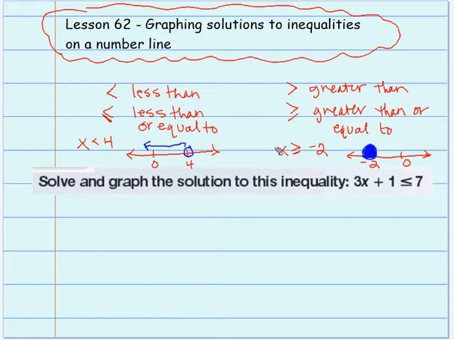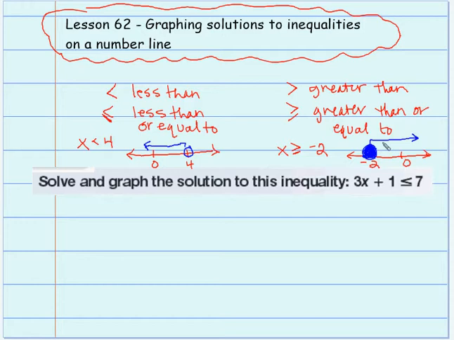So is -2 greater than or equal to -2? Yeah, -2 is equal to -2, so that works. That makes this statement true, so I know it's a solution. So where are the values that we could put in for x that would be greater than or equal to -2? Well, they would be this way on a number line.